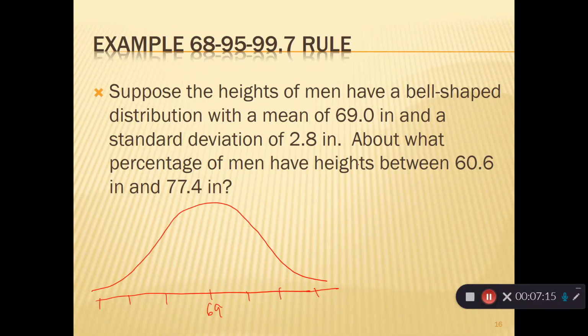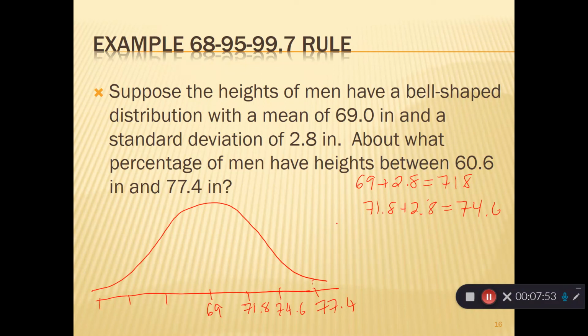So to get to my first standard deviation here, I do 69 plus that standard deviation. And so that's going to give me 71.8. So 71.8 belongs here. So now if I add 71.8 plus that standard deviation again, I'm going to get to 74.6. That's my next value here. Now, adding 2.8 one more time will take me to 77.4, the value that I'm looking for right here.